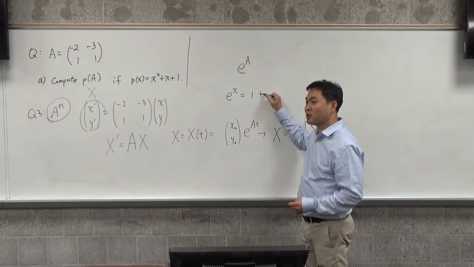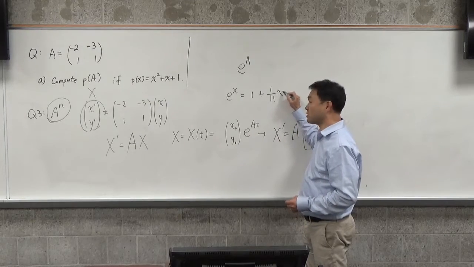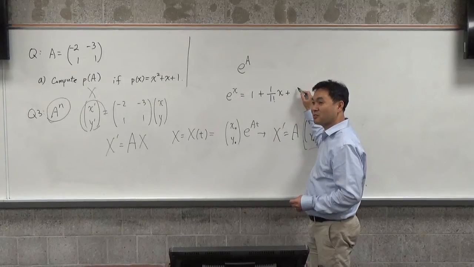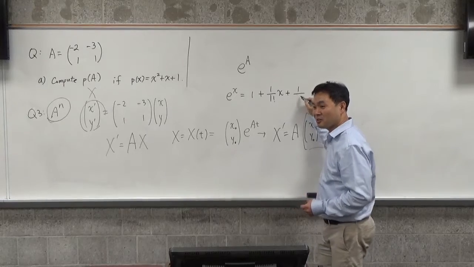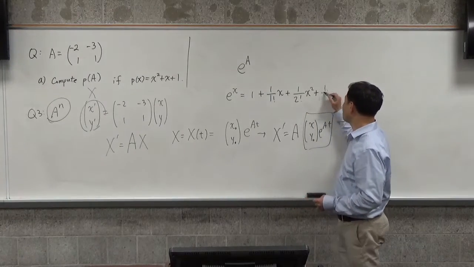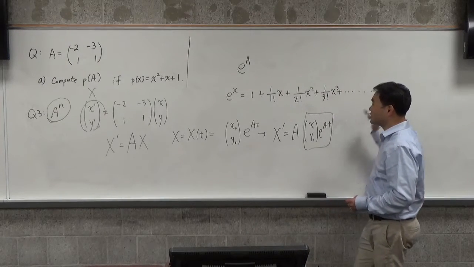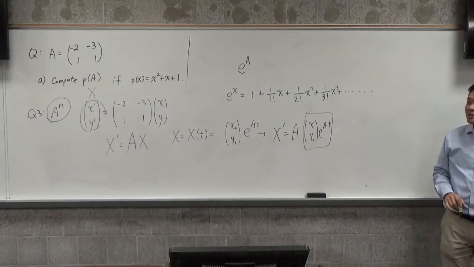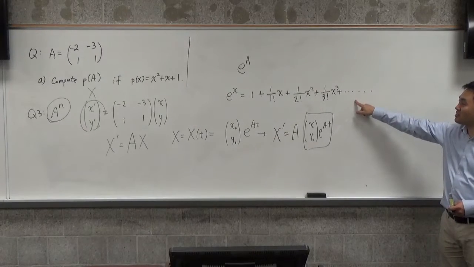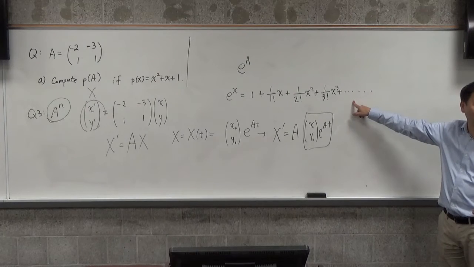e to the x is 1 plus 1 over 1 factorial x plus 1 over 2 factorial x squared plus 1 over 3 factorial x cubed. I love that. That's an infinite polynomial, and we know how to handle polynomials, right?